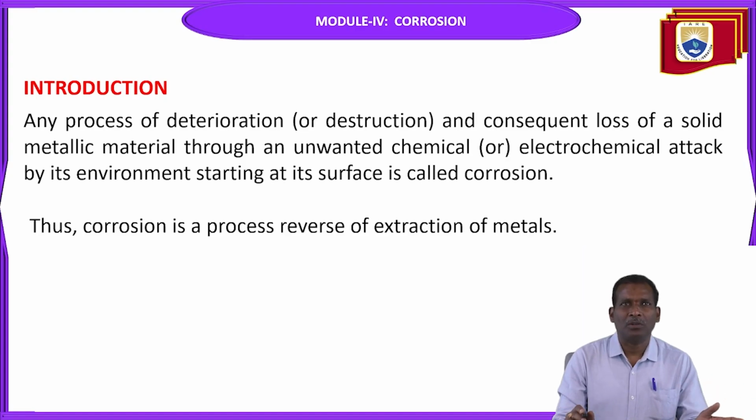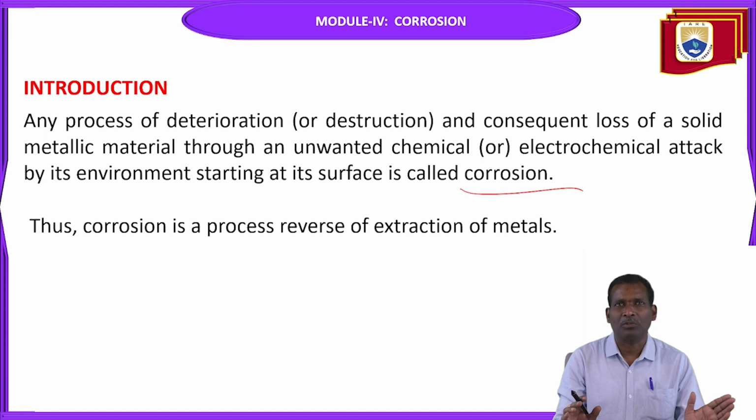So the introduction about corrosion you already know, but once again let us recall it. Any process of deterioration, that is destruction and consequent loss of a solid metallic material through an unwanted chemical or electrochemical attack by its environment starting at its surface, is called corrosion. This is an unwanted process, due to unwanted chemical reaction with the metal when it is exposed to atmospheric, environmental conditions.